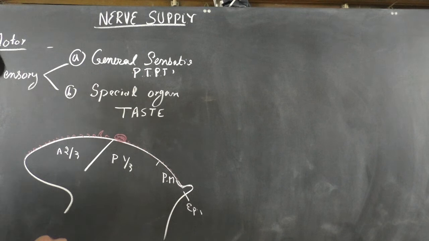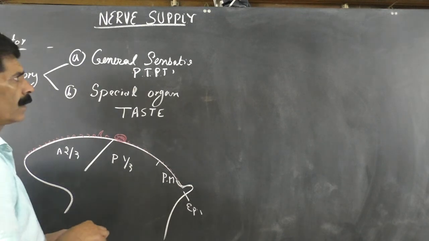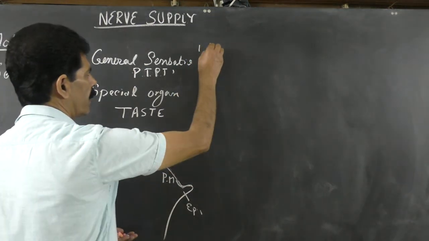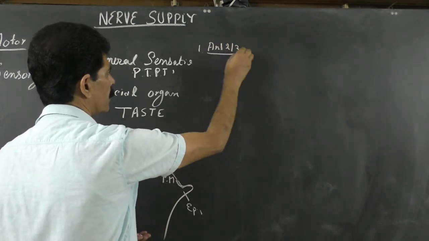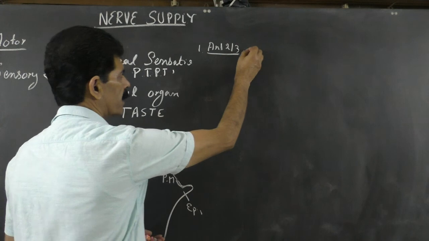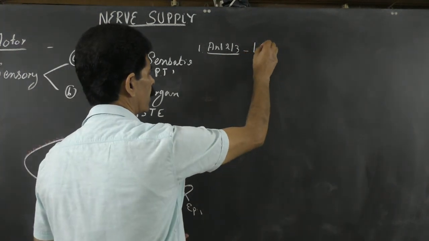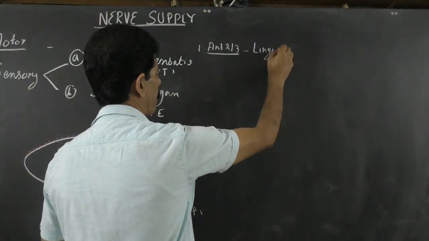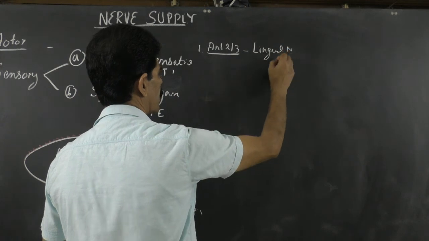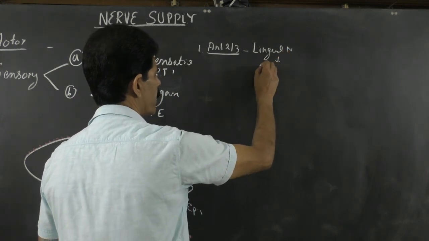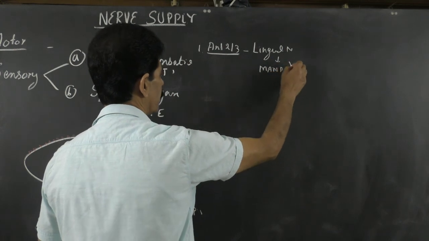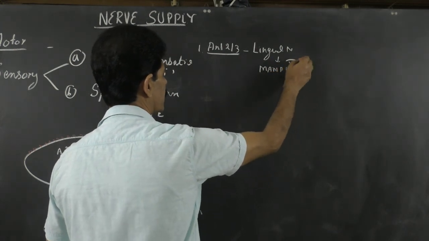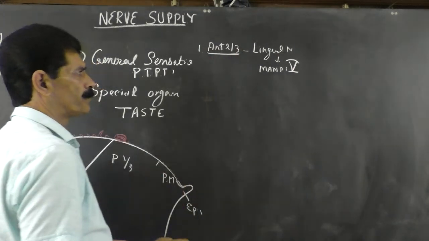So regarding the general sensations from the anterior 2/3 of the tongue, these are carried by the lingual nerve. And the lingual nerve is a branch of the posterior division of the mandibular nerve, that is the fifth nerve, which carries the general sensation from the anterior 2/3.